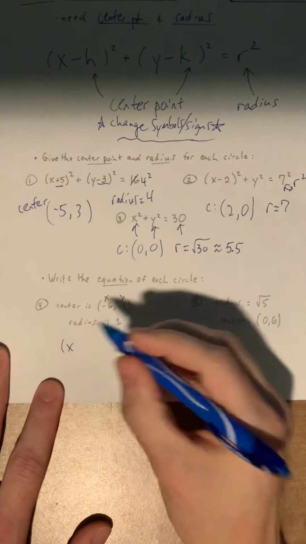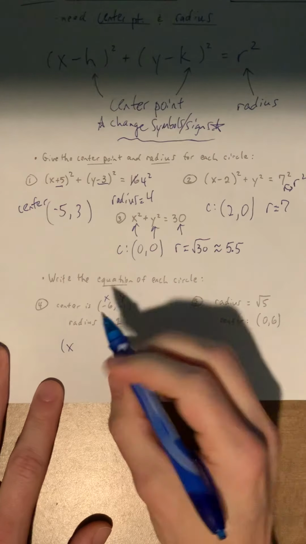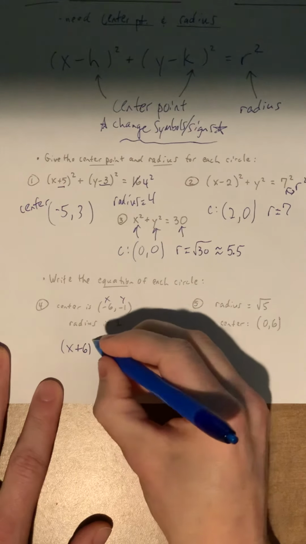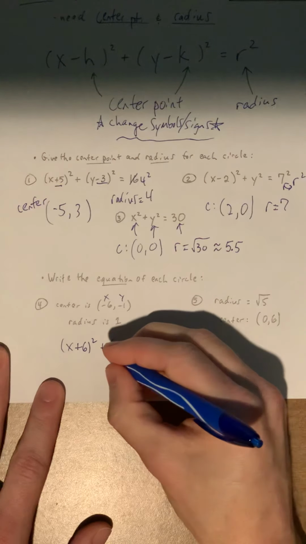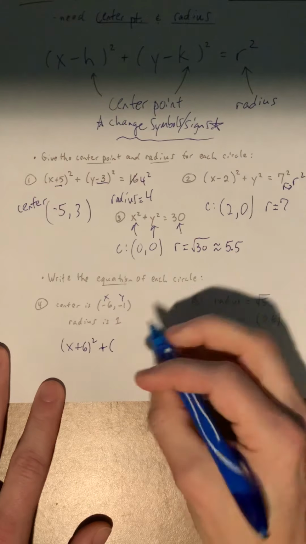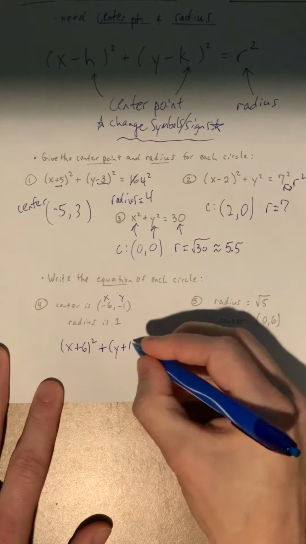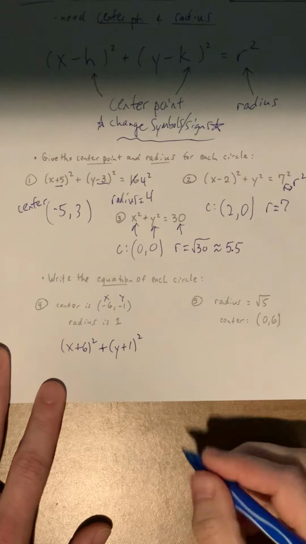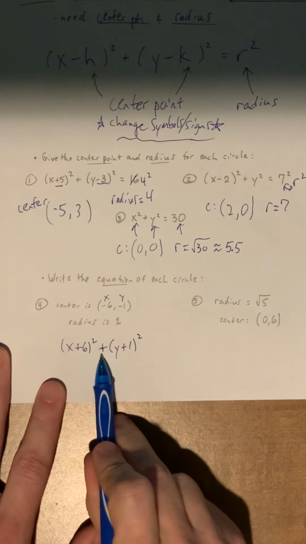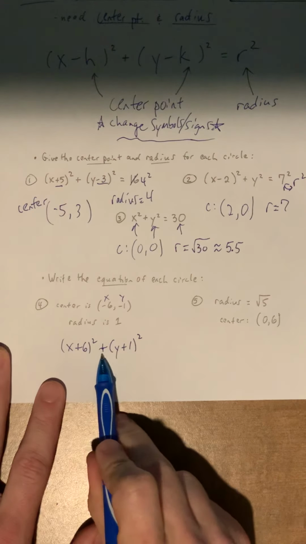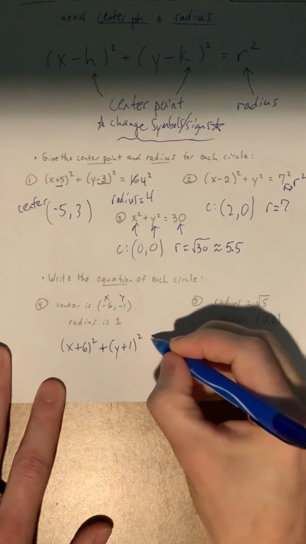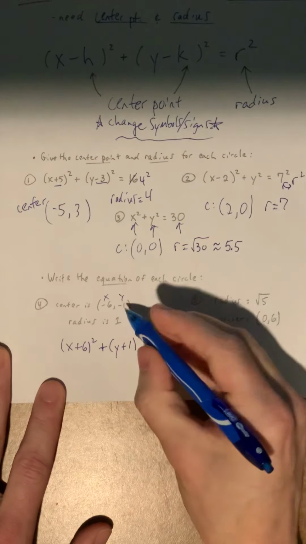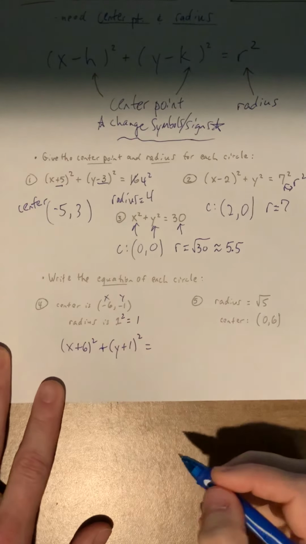So our equation is going to be x plus 6 squared. All right, add to that y plus 1 quantity squared. And this is always a plus sign in here for a circle. You're always adding the two x and y quantities. And that's equal to radius squared, but when you square 1, you get 1.